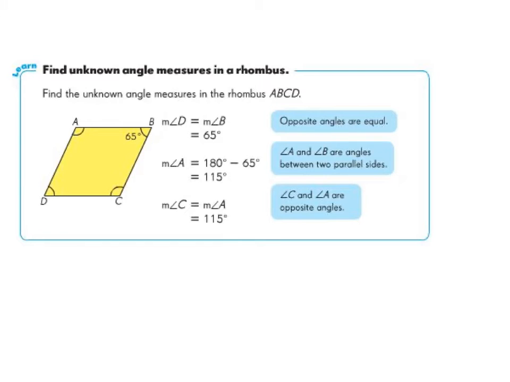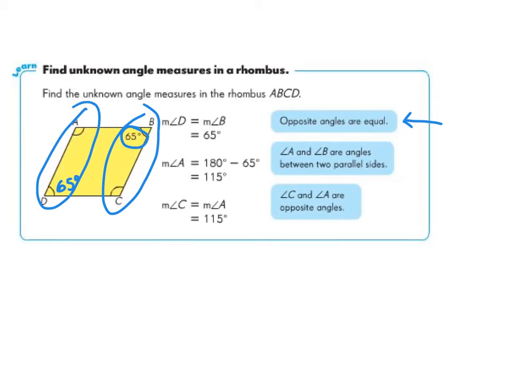Now to find the unknown angle measures of a rhombus, it's the same as a parallelogram. Remember this one from parallelograms? Opposite angles are equal. Okay, so if this is 65, this is also 65. And we're going to do the same thing that we learned yesterday. These two have to equal 180, just as these two do.